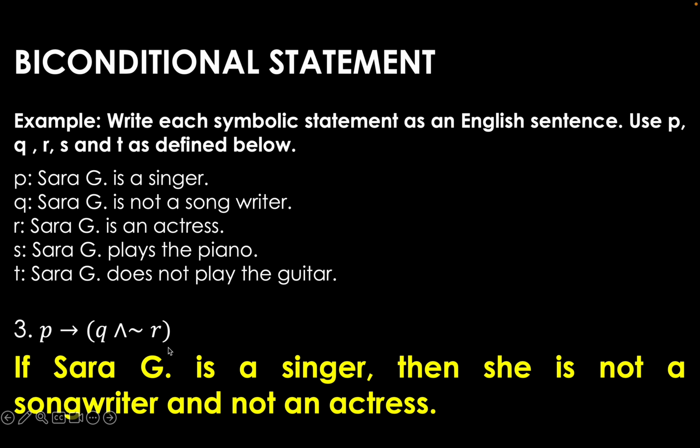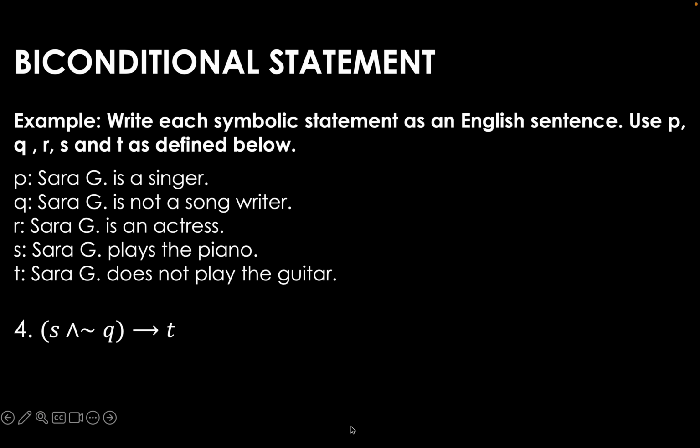So we have here, if Sarah G is a singer, that is your P statement, then she is not a songwriter, so that is your Q statement, and not an actress, that is your not R statement. Again, if Sarah G is a singer, then she is not a songwriter and not an actress.